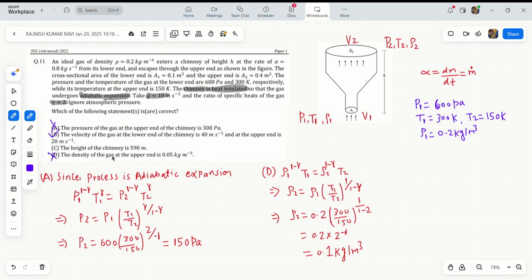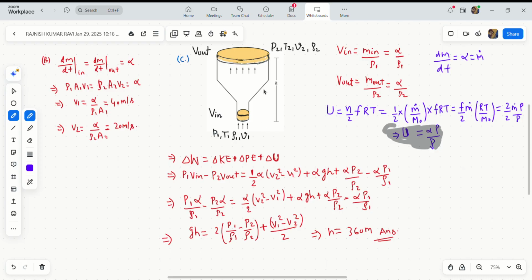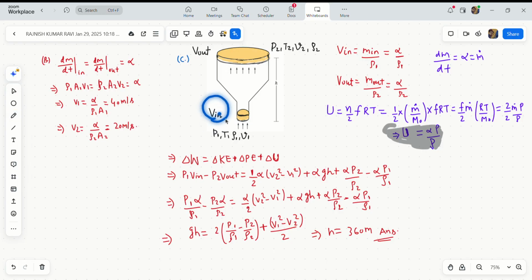Now coming to option C, we have to find the height of the chimney. What is the height of the chimney in this case? So let me assume at any time t, in the next 1 second, this much volume of ideal gas V in enters the chamber, and this much volume V out comes out from this chamber.